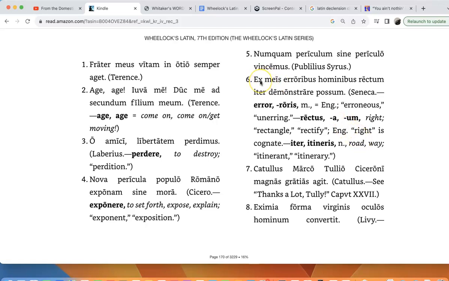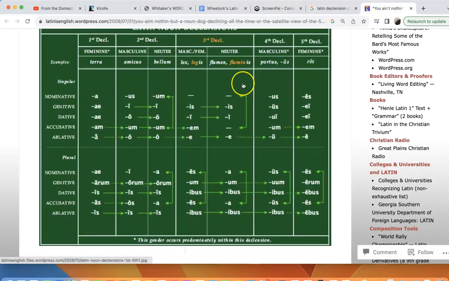But then ex means from, like exit, and ex is always followed by the ablative. So this is second declension ablative plural. This is third declension ablative plural, because these latter two words require third declension. How do we know that? We learn the vocabulary and look it up in a dictionary or Whitaker's Words.